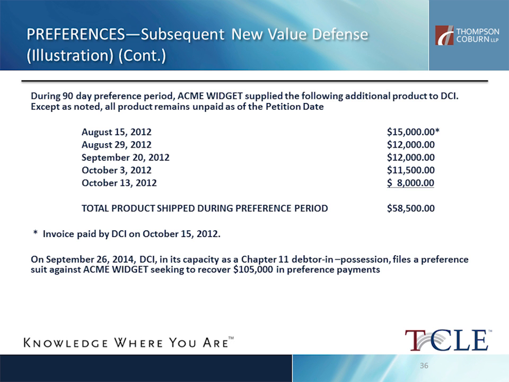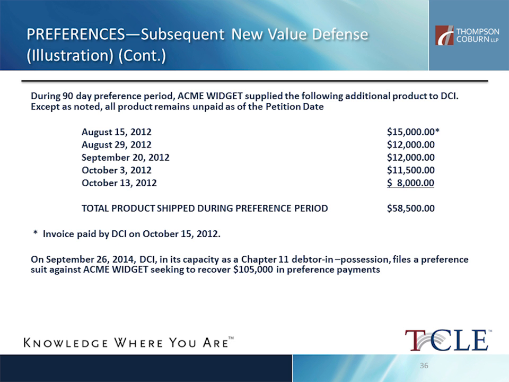And unfortunately, because of the requirement that the new value be provided subsequent to your receipt of a preferential payment, you can't simply net out the aggregate amount of preference payments against the aggregate amount of new value that's been provided. And instead, you have to go through kind of a chronological calculation.